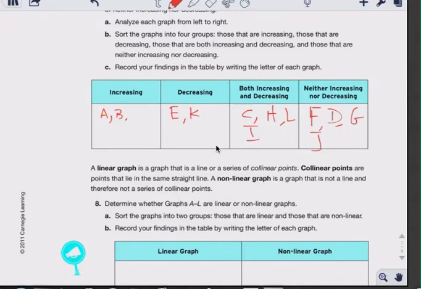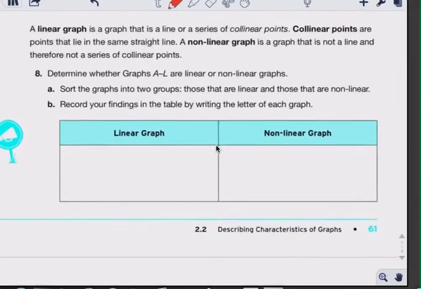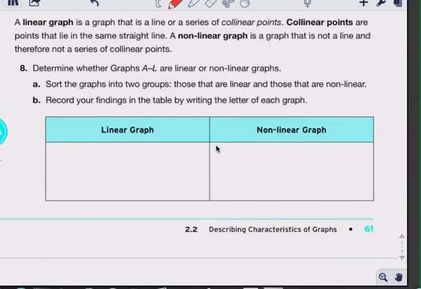Okay, the last, linear and nonlinear. Which group would like to try both? Which group? I haven't called you. Who have I not called? Your group, linear and nonlinear? What's linear? You can read it.